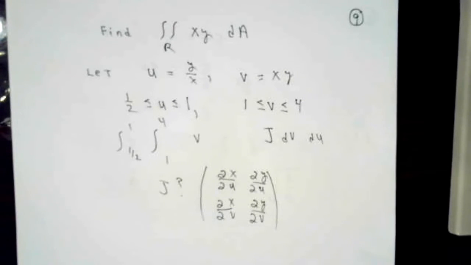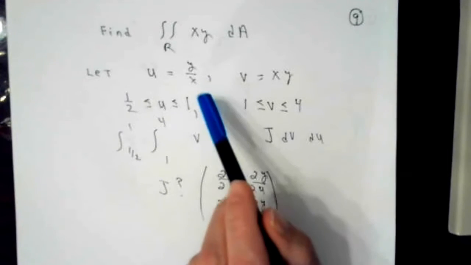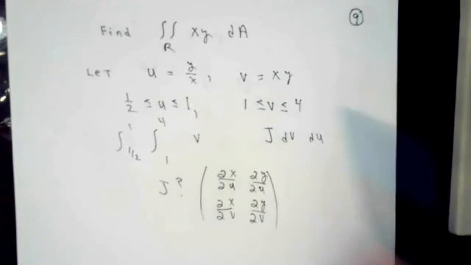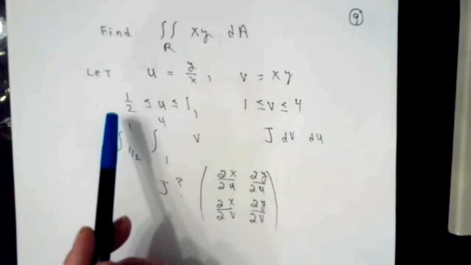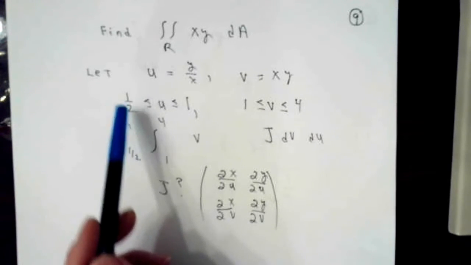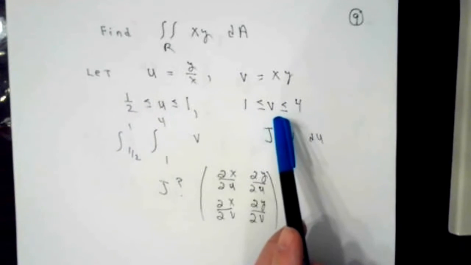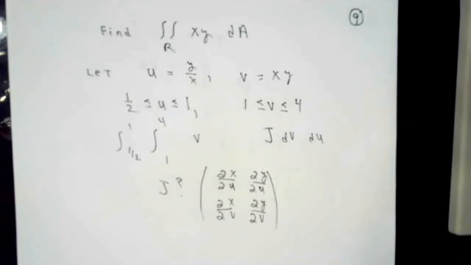In the meantime, I want to start thinking about my actual integral. I want to find the double integral over the indicated region of x times y integrated with respect to area in the xy plane. I'm going to let u equal y divided by x and v equal x times y. Region R then is described by 1/2 less than or equal to u less than or equal to 1 and 1 less than or equal to v less than or equal to 4.